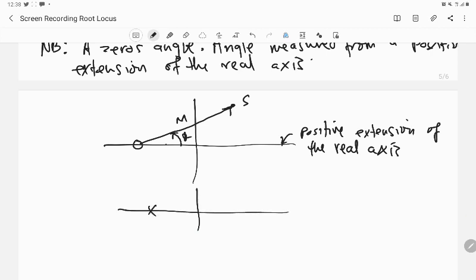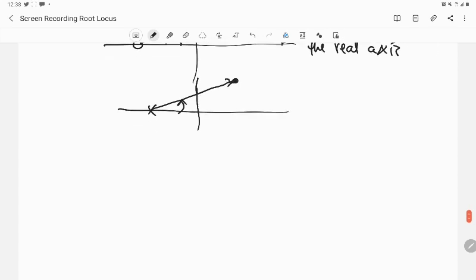So if it's a pole and the point s is here, I'm just going to join like this, and then the angle here becomes the pole angle. So zero angles and pole angles, we can easily find them. Let's use an example to illustrate that.